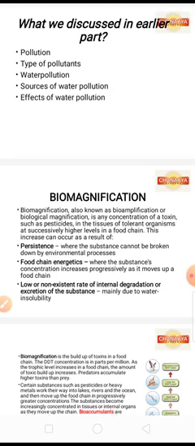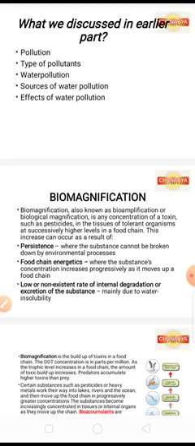First, persistence, where the substance cannot be broken down by environmental processes. Second, food chain energy ties, where the substance concentration increases progressively as it moves up a food chain. And third, a low or non-existent rate of internal degradation or excretion of the substance, mainly due to water insolubility.